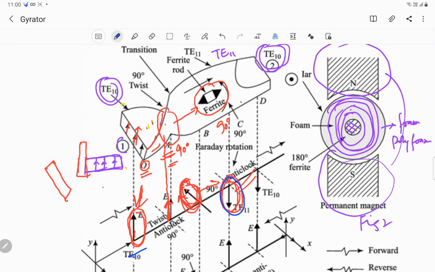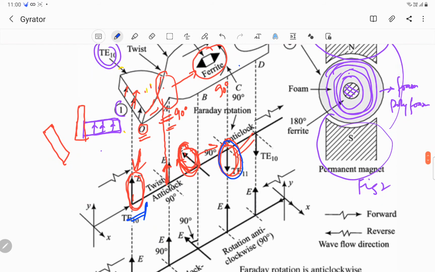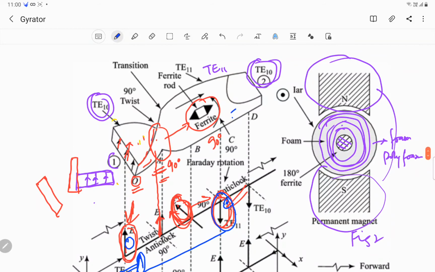So from point O, for example, to point C, we have a 180-degree phase shift. And after that, the wave reaches port 2 with a vertically downward electric field vector. This is the direction this arrow shows.